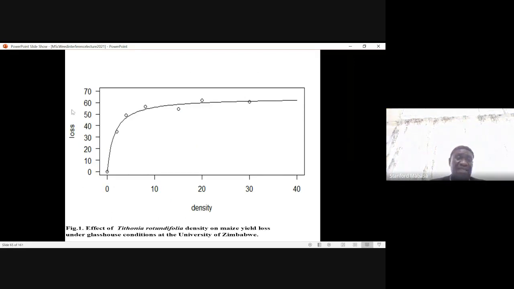This graph which you are seeing was developed by a student who was studying the effect of Tithonia rotundifolia density on maize yield. So this is what he got. This is yield loss. This is the density of tithonia. And after plotting, he got this sort of curve. We can estimate A and I on this graph.